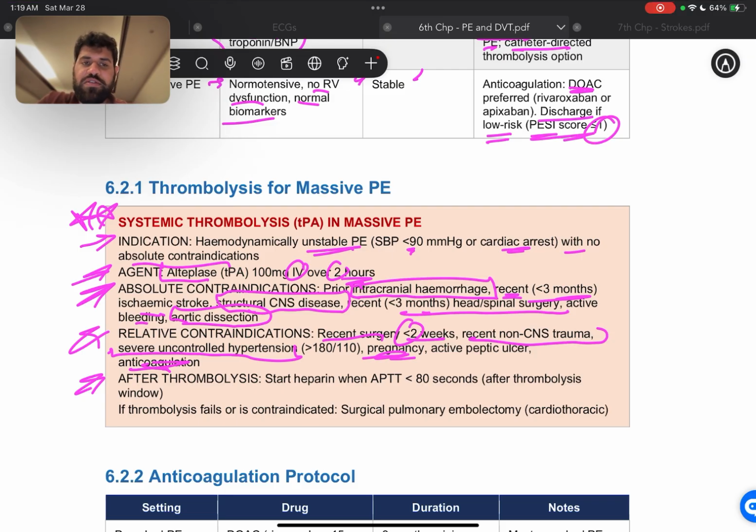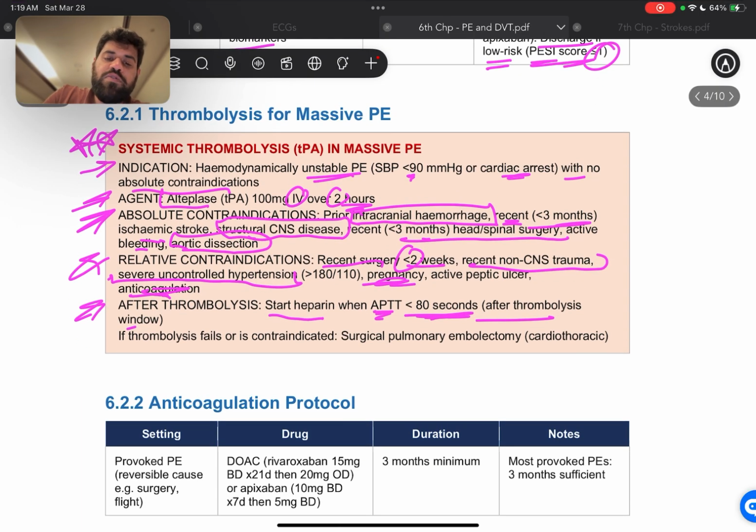These are relative contraindications because in these patients we have to weigh the benefit versus the risk and proceed forward. Now after thrombolysis, we have to start heparin when the APTT is less than 80 seconds after the thrombolysis window. So if thrombolysis fails or is contraindicated, surgical pulmonary embolectomy should be done.